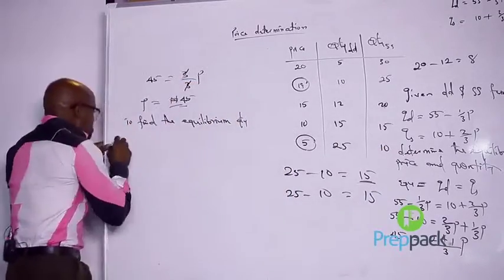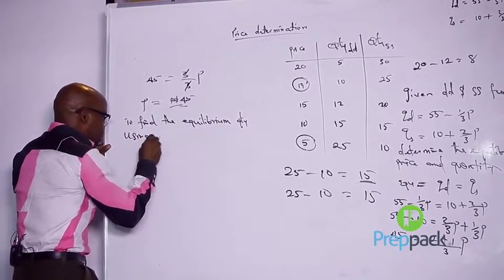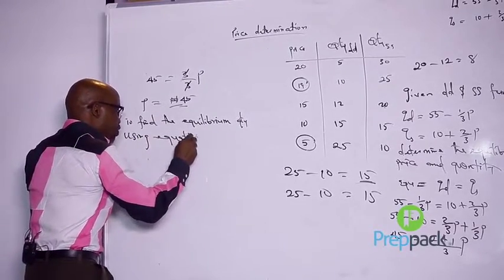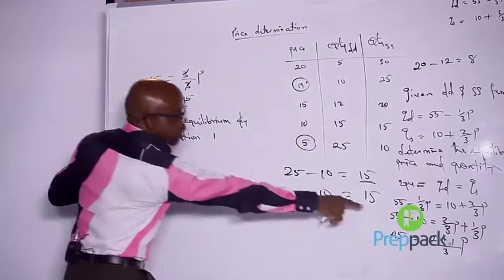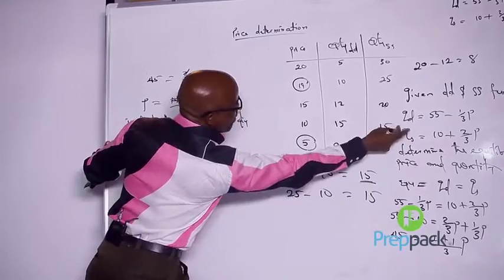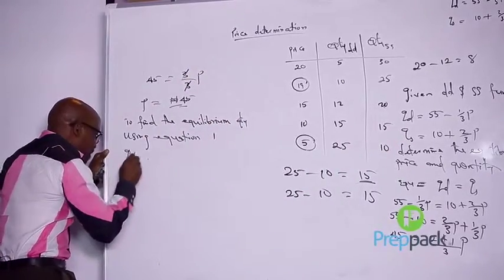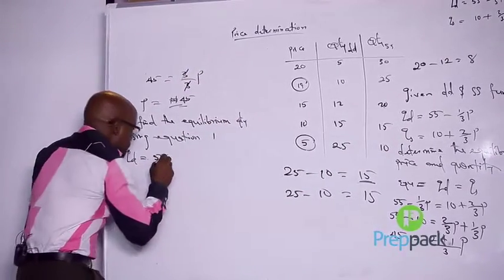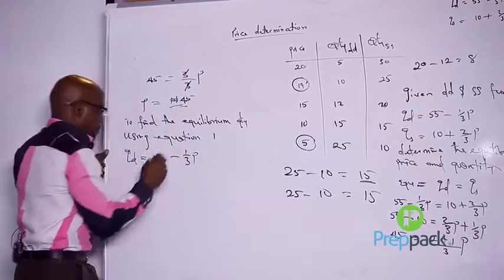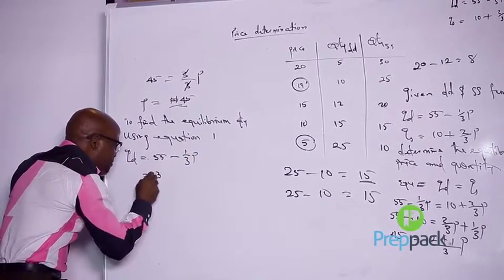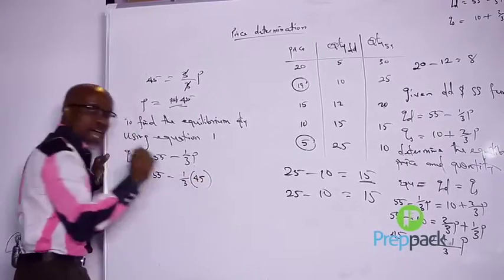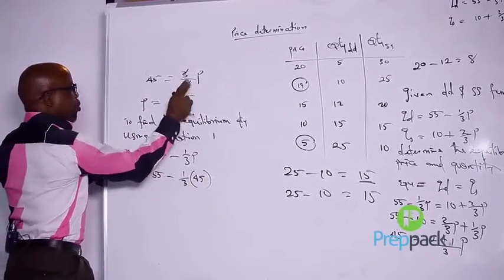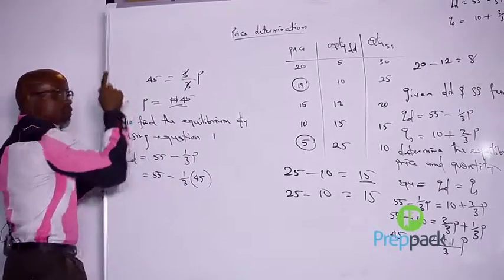Now, using equation 1, which is the quantity demanded, QD equals 55 minus 1 over 3P, which gives me 55 minus 1 over 3 times 45. You remember how I got 45? Yes, the 45 was what we got initially as the equilibrium price.